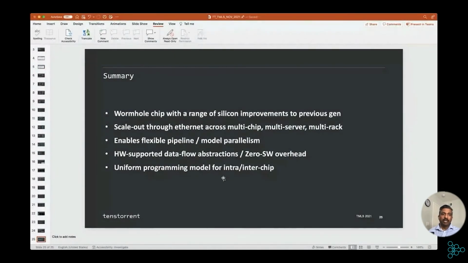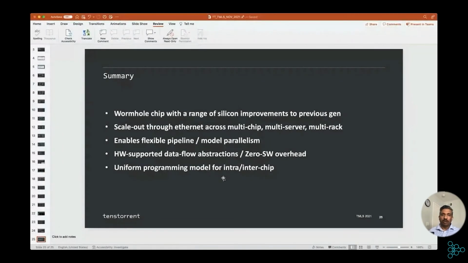In summary, I would like to conclude that the Tenstorrent Wormhole chip has a range of silicon improvements which power training needs. It provides a scale-out Ethernet option for multi-chip, multi-server, multi-rack setups, and the library features of pipeline parallelism and model parallelism are exploited in the hardware itself.